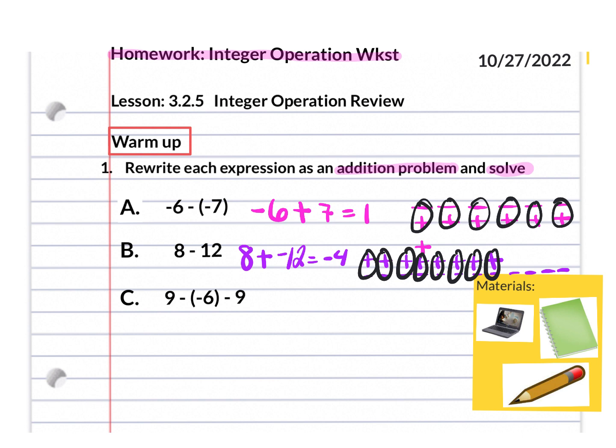All right, letter C. I'm going to start with my 9. I'm going to change that subtraction to say addition, and then I'm going to make the -6 the opposite, so it's going to become a +6. I'm faced with another subtraction sign, so I'm going to change that to, again, addition, but I'm going to make this 9 the opposite, which is going to be -9.